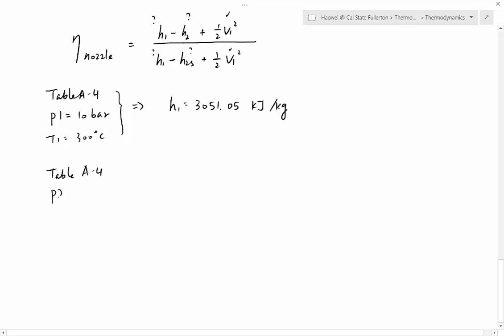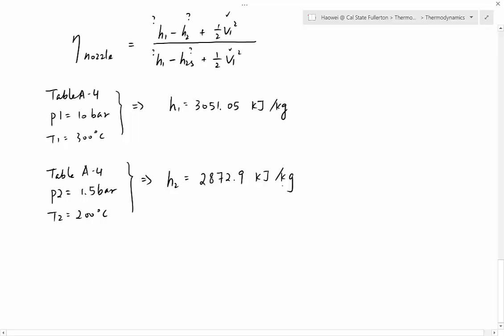They are P2, 1.5 bar, and T2, 200 Celsius. From the table, you can easily find enthalpy. H2 is 2872.9 kilojoule per kilogram. So now we found H1 and H2.